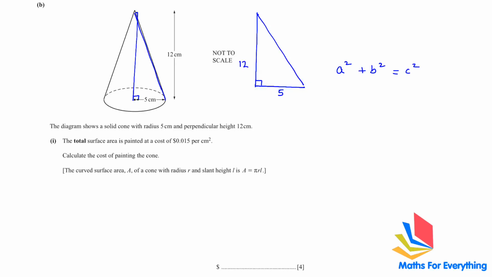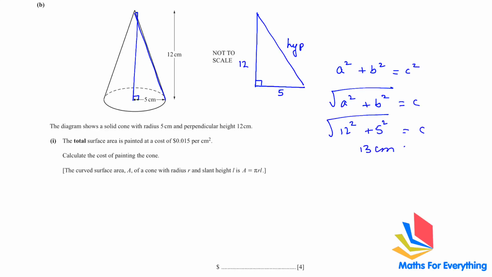So we have to find our hypotenuse. To find c, I'm going to square root a square plus b square. Replace the values that we have, 12 square plus 5 square is equal to c. This will give you 13 centimeter. So the slant height is 13 centimeter.